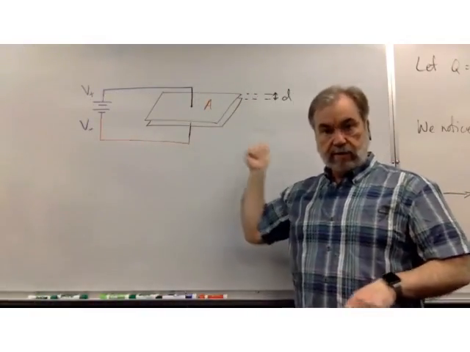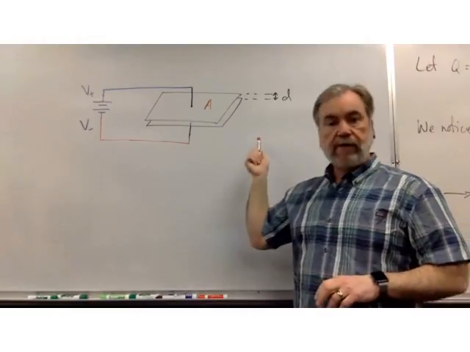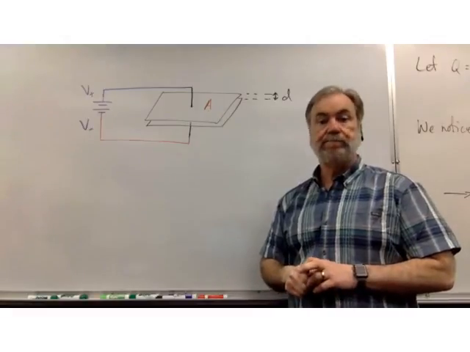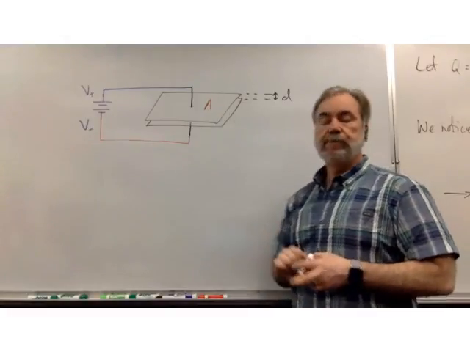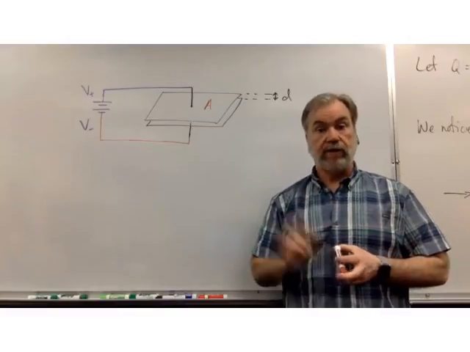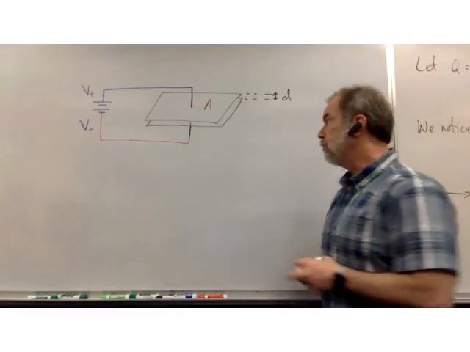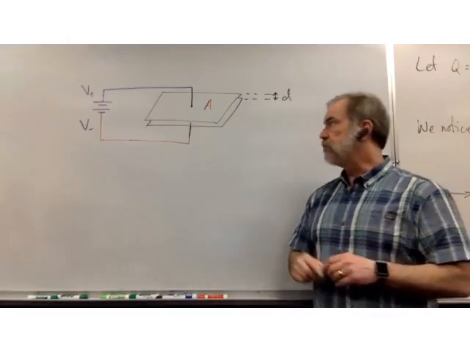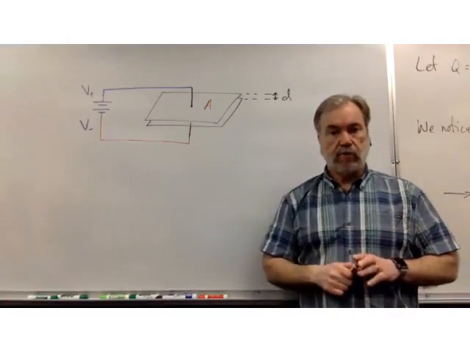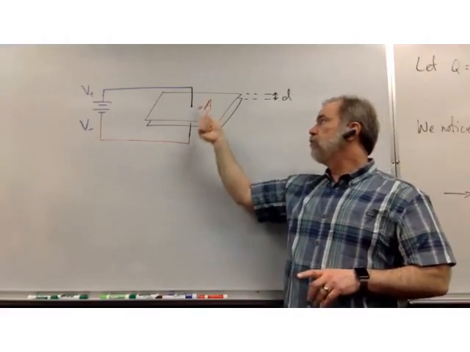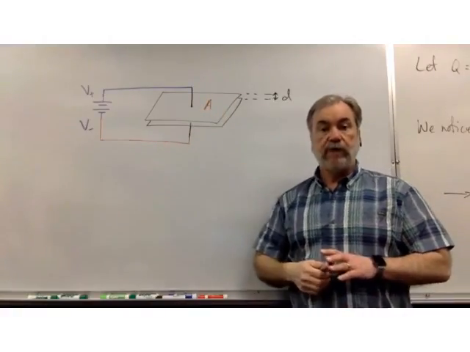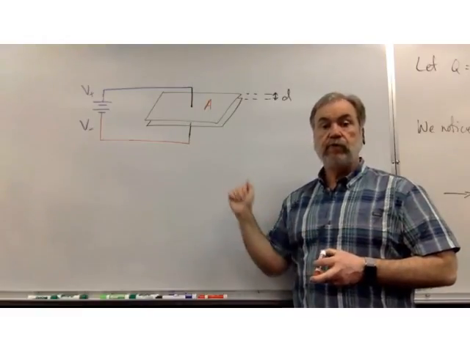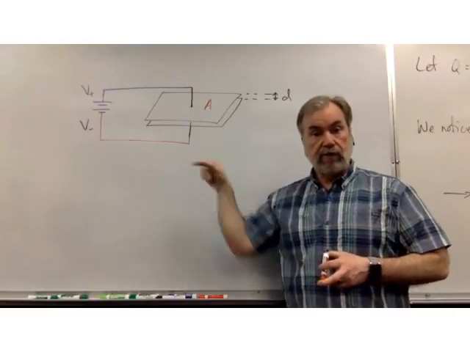Okay. So when I talk about the area, when I use A in the calculations that I'm about to do, A is going to be the area of just one of the plates. We're not going to double it for two plates. And when I talk about the charge that you store, remember that we transfer charge from one plate and dump it on the other plate. And so when we talk about Q, the amount of charge that we store in the capacitor, that Q refers to the magnitude of the charge that gets transferred.